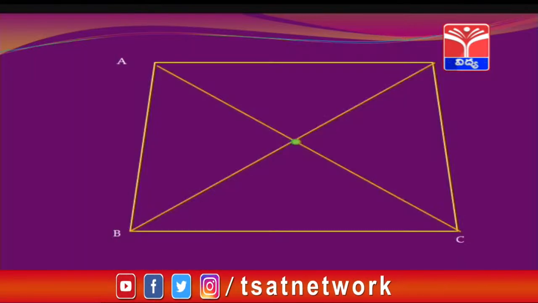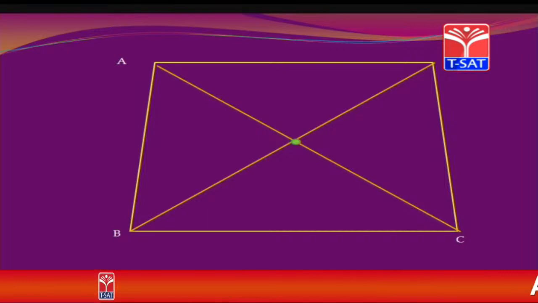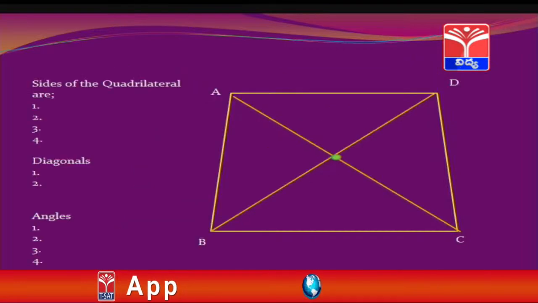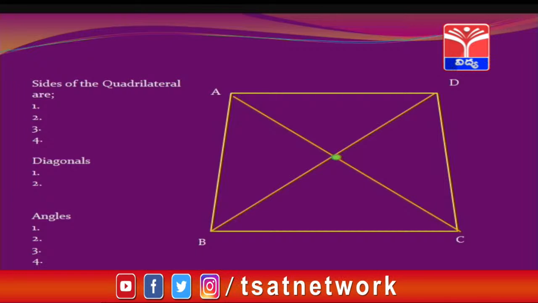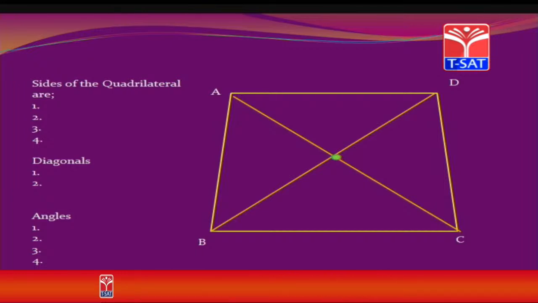Let us observe the figure. It is a closed figure which has four sides. Draw the figure and note it in your notebook. What are the sides of the quadrilateral ABCD? The sides are AB, BC, CD and DA.